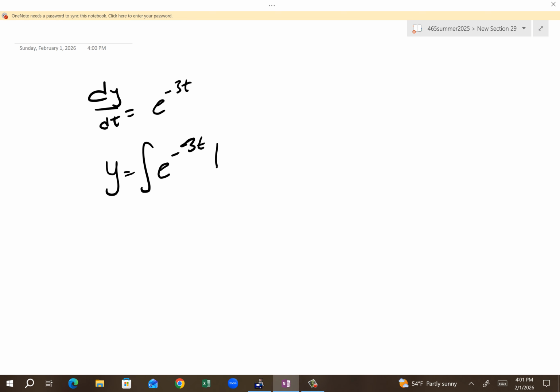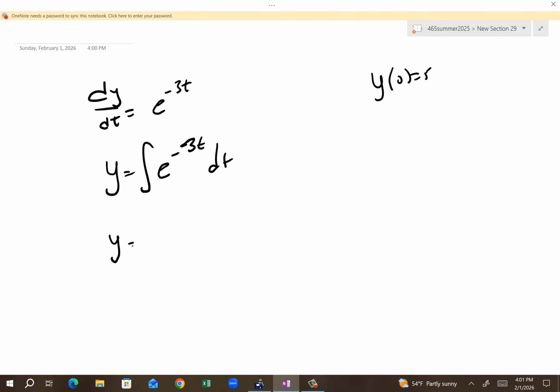Suppose you had dy/dt equal e to the negative 3t. Then y would be equal to the antiderivative of e to the negative 3t. And furthermore, let's say that y of 0 is 5.